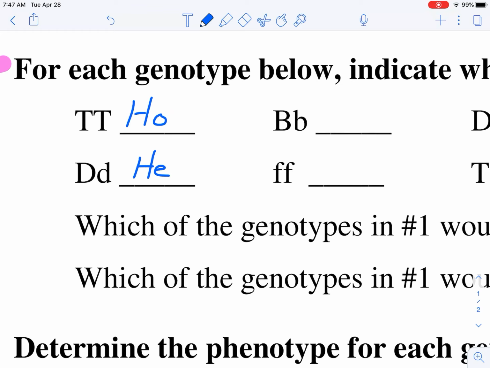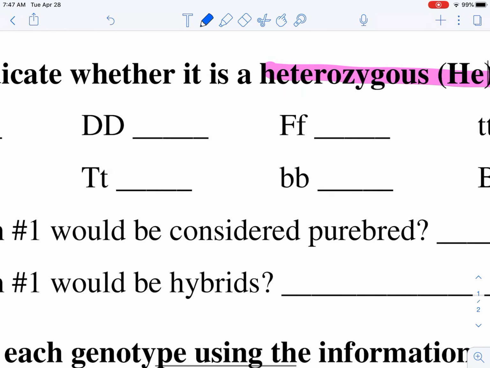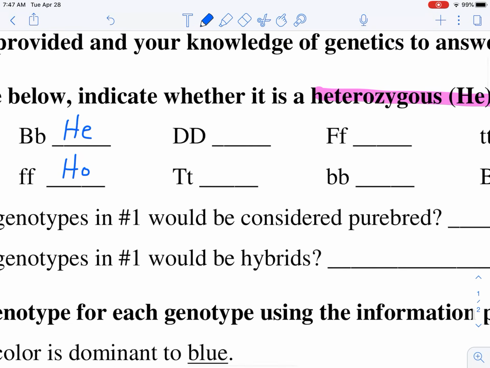Moving across to the right, capital B lowercase b, that would also be HE, and 2 of the same lowercase f's would be HO. Sliding across to our next ones, 2 capital D's would be HO for homozygous, capital T and lowercase t would be HE, heterozygous, capital F lowercase f would be heterozygous, 2 lowercase b's would be HO.